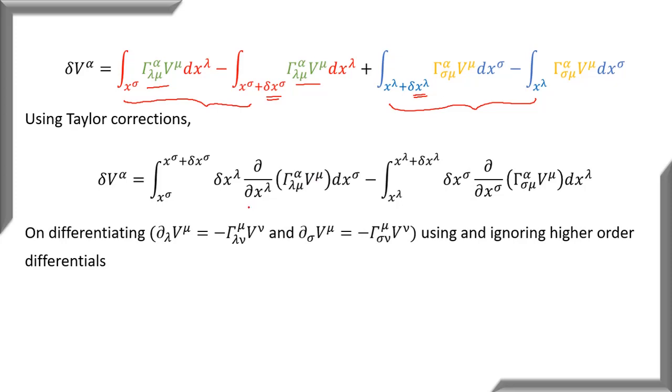And now I take the derivative. The first portion will be the partial derivative of the Christoffel symbol into mu nu plus Christoffel symbol into partial derivative of mu nu. Here also partial derivative of Christoffel symbol into mu nu plus mu nu into Christoffel symbol into partial derivative of mu nu.